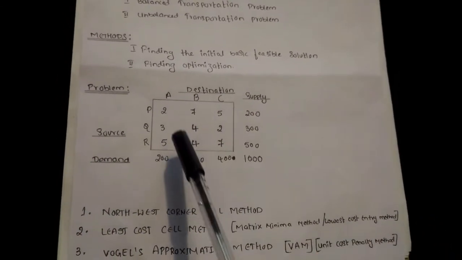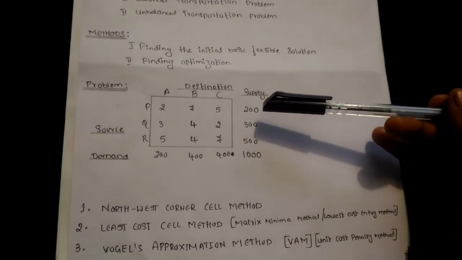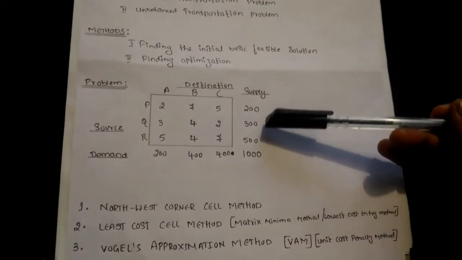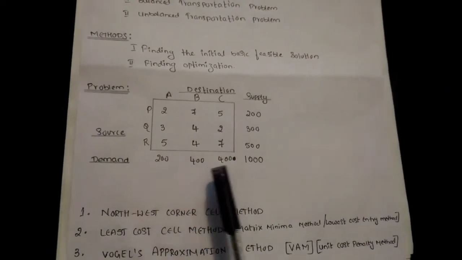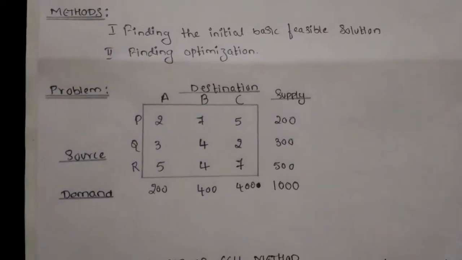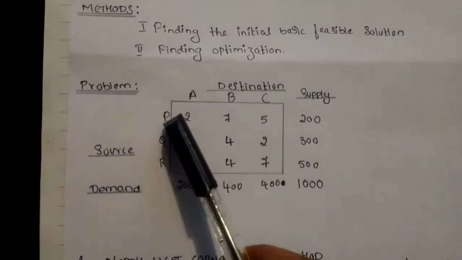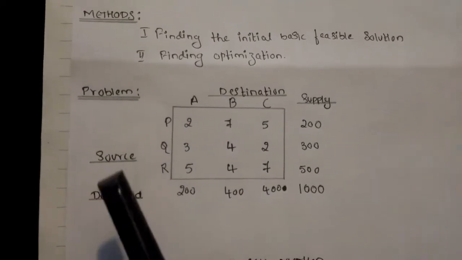This is the way the transportation problem is represented. It is always represented in the form of a matrix. All the values within the cells of the matrix are the transportation costs, the values in the outer column are the supply, and the values in the outer row are the demand. The columns are the destinations and the rows are the sources.